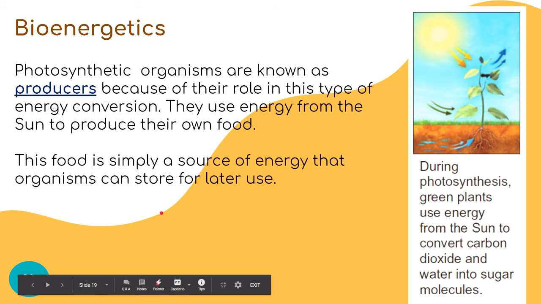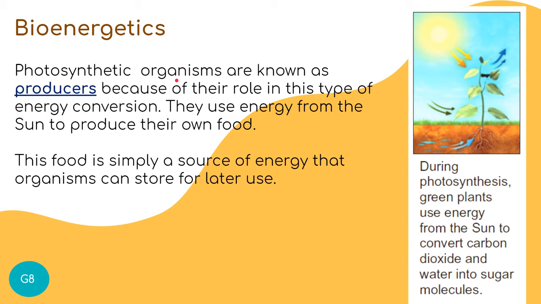Photosynthetic organisms who are capable of doing that amazing process are called producers in an ecosystem, because their role is to produce the energy and provide it to the rest of the members of the ecosystem. They harvest energy, store it in their body, and when they are eaten, they transfer that energy to their consumer.